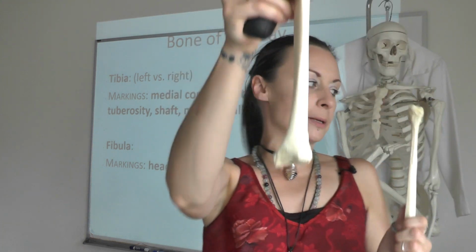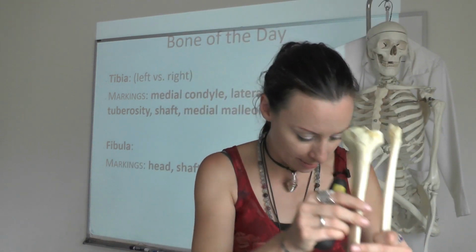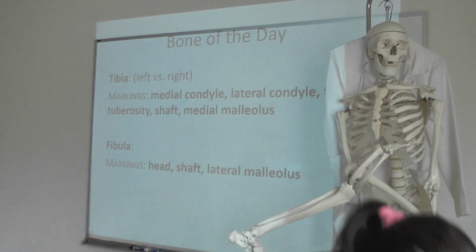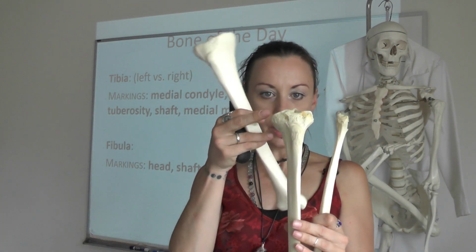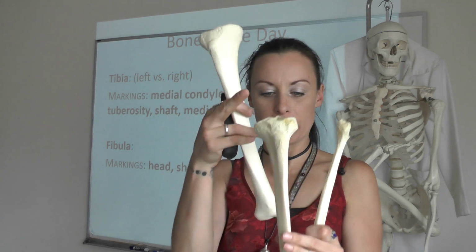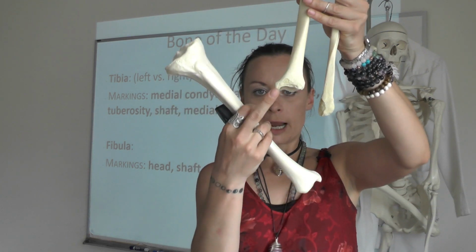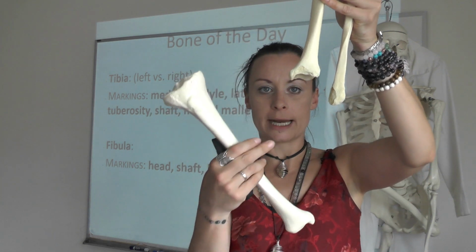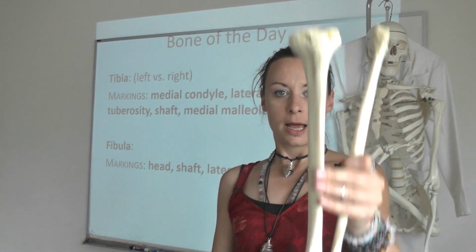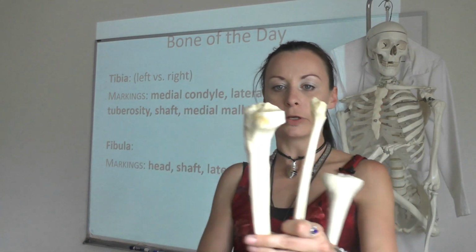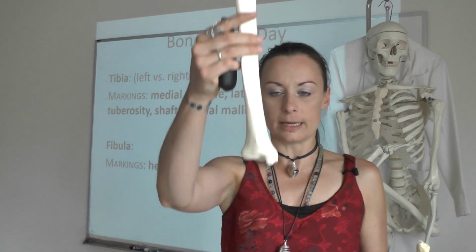How I determine whether I'm looking at a left or a right tibia is by putting this tibial tuberosity anterior with my condyles superior, and this pointy part down here on the distal end has to go medial. So this is a left tibia, and this is actually real bone. This is a right tibia.